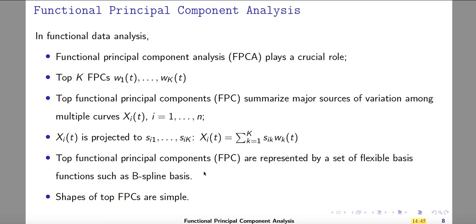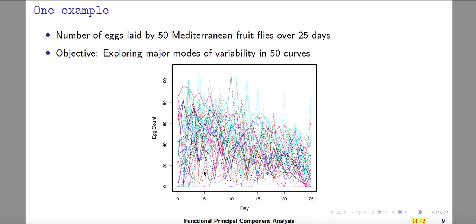When we estimate the FPCs, we estimate them by some flexible basis functions, like using B-splines. Here is one example.